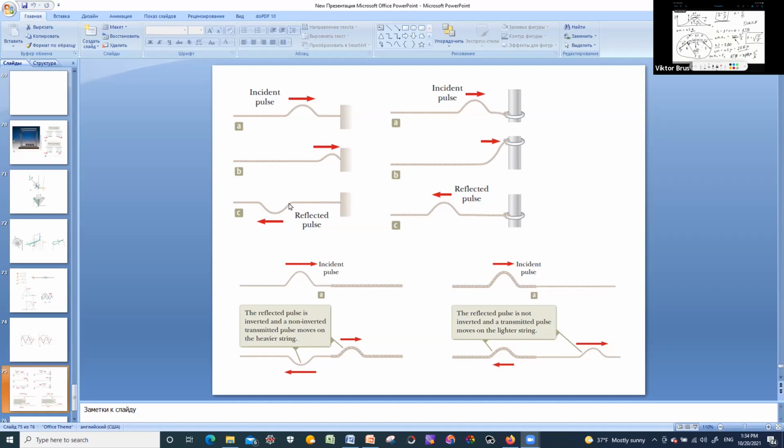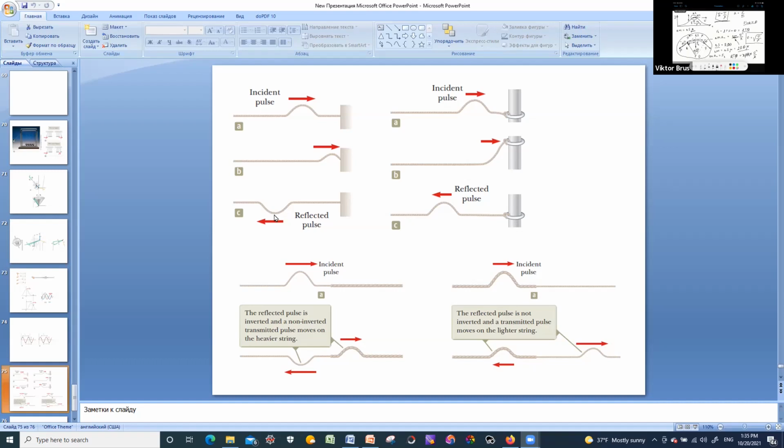It will be in the opposite phase to the incident pulse. So if we have here, let's say, positive y displacement of elements of the string, here we will observe some negative y direction displacement of the elements of the string. So these incident and reflected pulses will be in opposite phases.